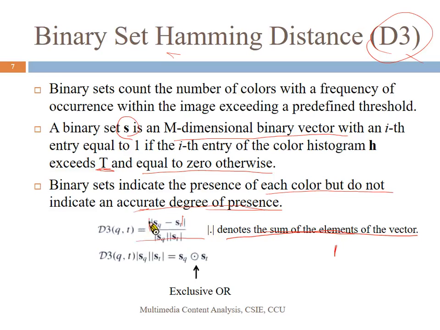So this is a kind of Hamming distance, and we can very efficiently calculate such a distance, normalized by the norm of SQ multiplied by ST. Here we can rewrite the definition like this, and the numerator can be very efficiently calculated by the exclusive OR operation. So this is the D3 distance.